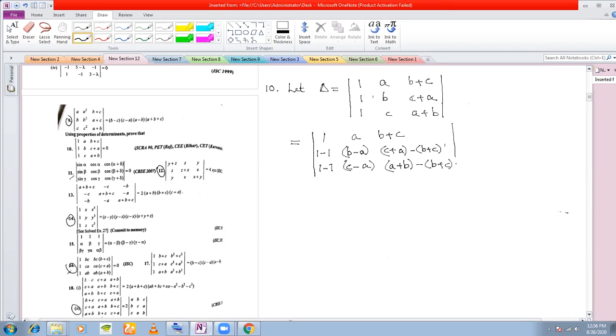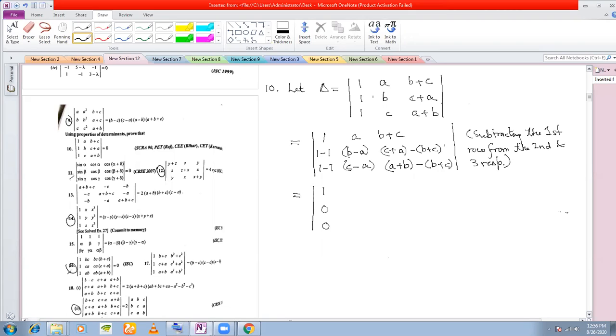And we'll give our reason: subtracting the first row from the second and third respectively.